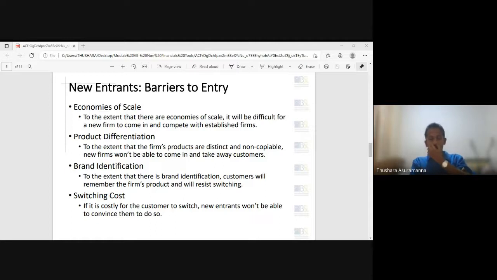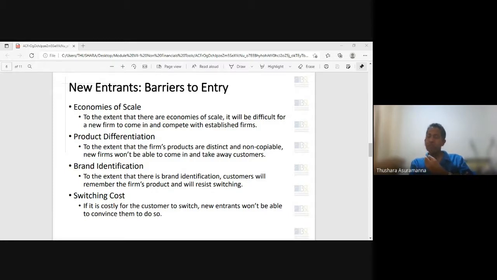The brand is also a very important tool. If people are in touch with your brand, your service or product, it's very difficult to change to another product. Let's say you are using an Apple phone, or a Samsung phone, or a Honda car versus the rest.